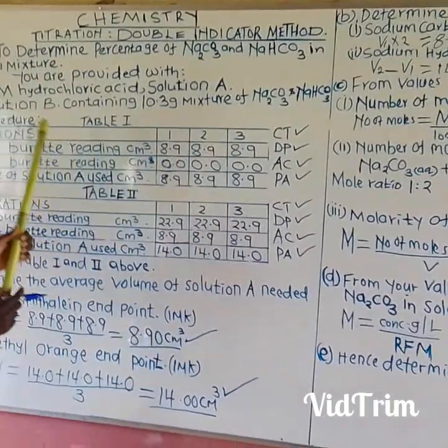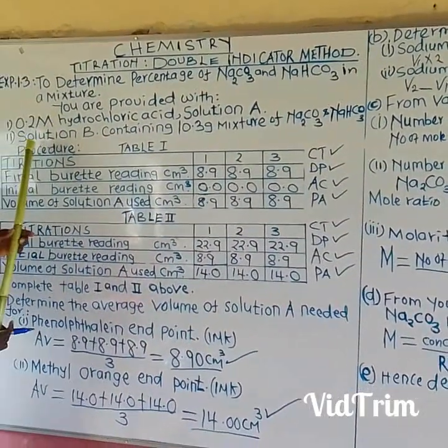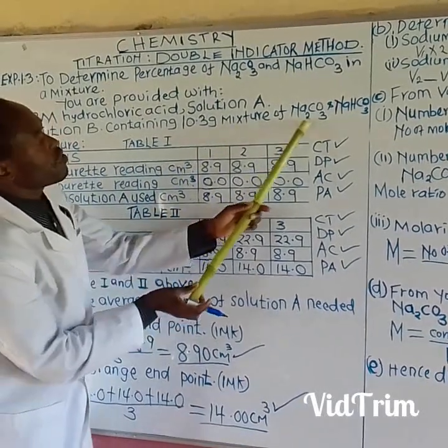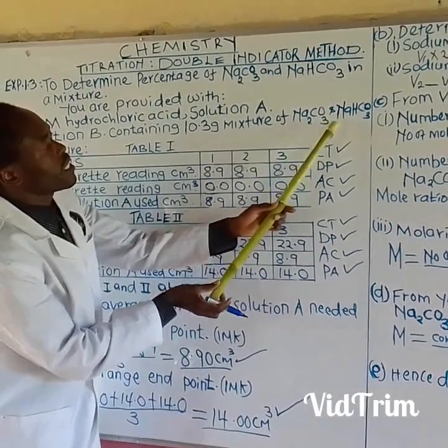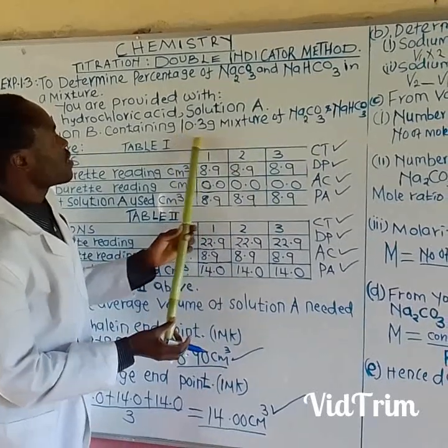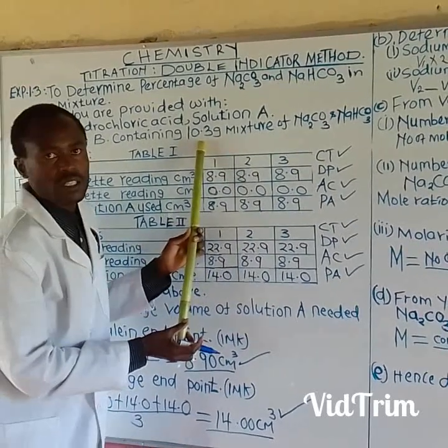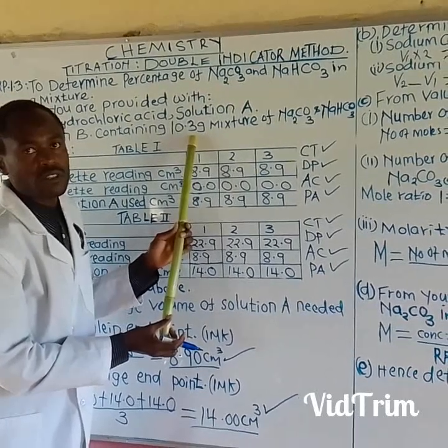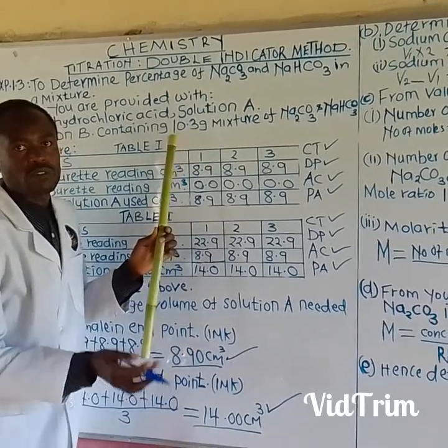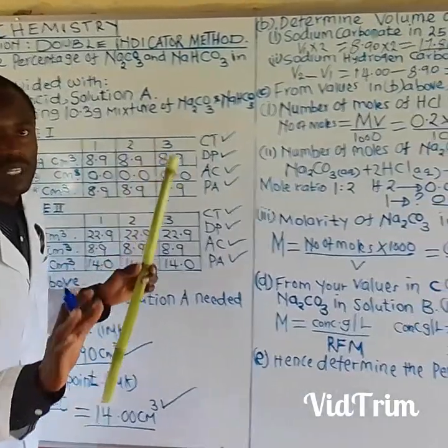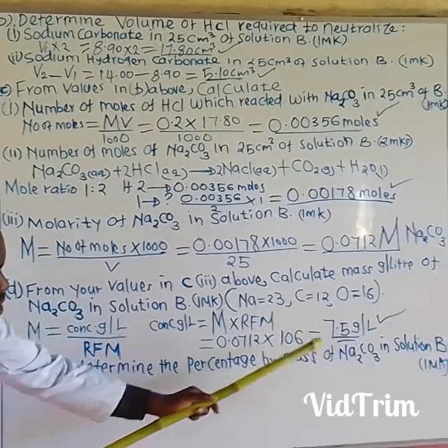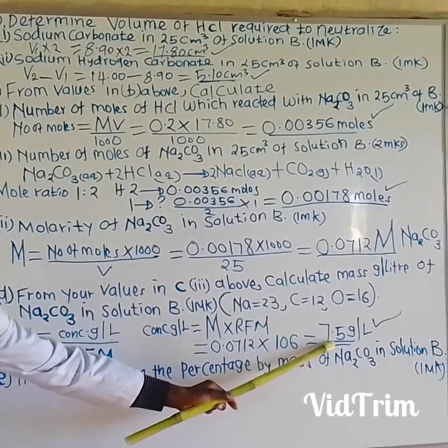Slowly, please, slowly. You have been provided solution B containing a mixture of sodium carbonate and sodium hydrogen carbonate, but the total mass of the mixture is 10.3 grams. Is it okay? So we want to get the percentages of sodium carbonate and sodium hydrogen carbonate. So let us see. The mass of sodium carbonate in grams per liter is 7.5.